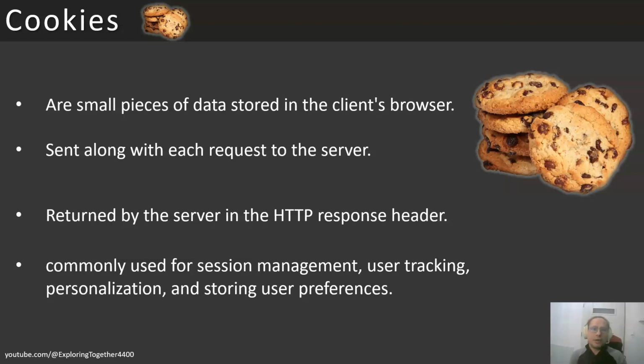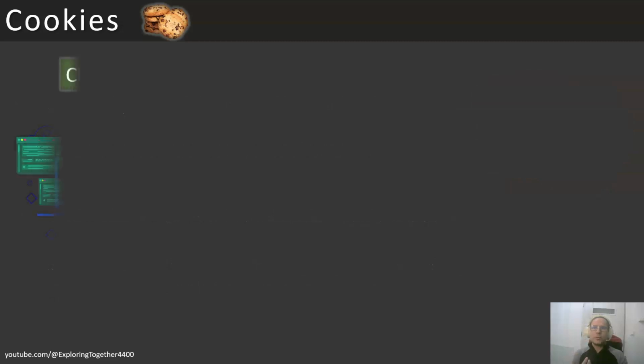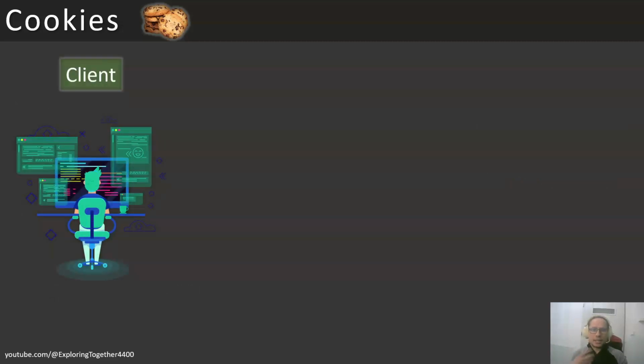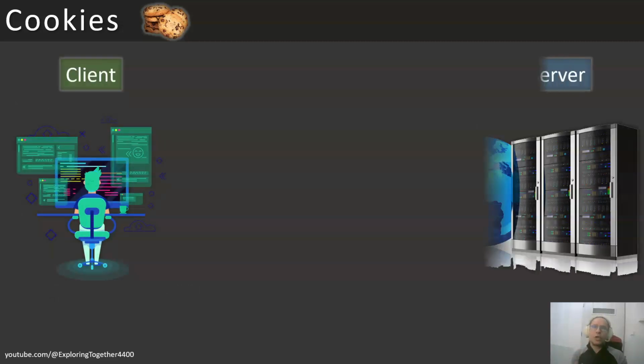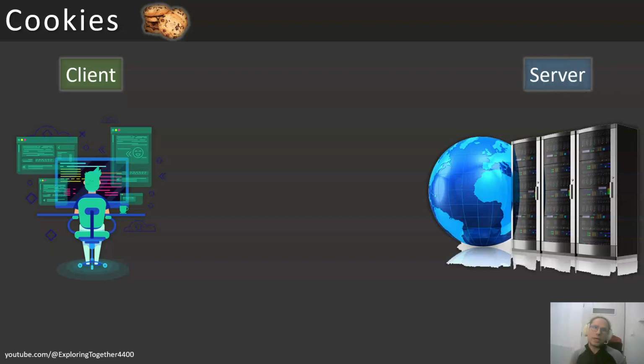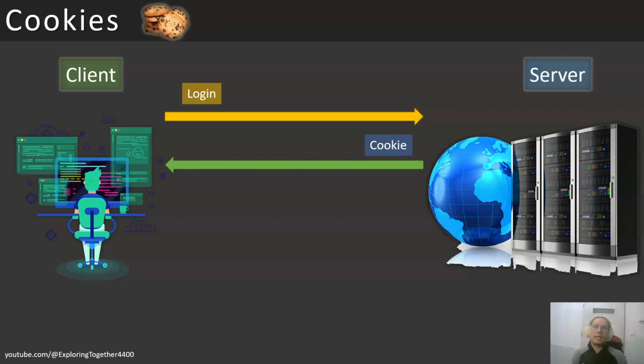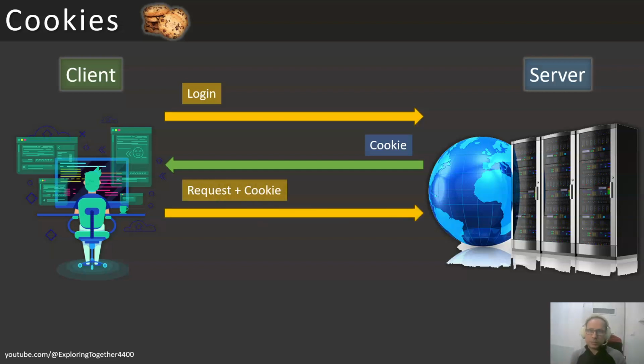We will get into a visual representation of how a cookie works. First, we have the client side. Let's say you are using the browser now, and we have the server side which you interact with. You send a login, you get logged into the server, and the server sends you back a response with the cookie, set in the header of the HTTP response.